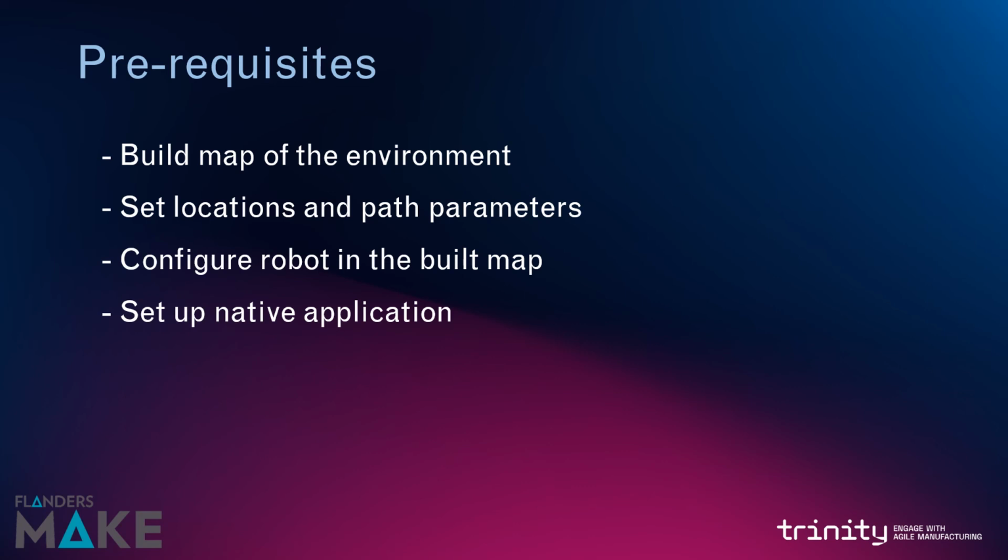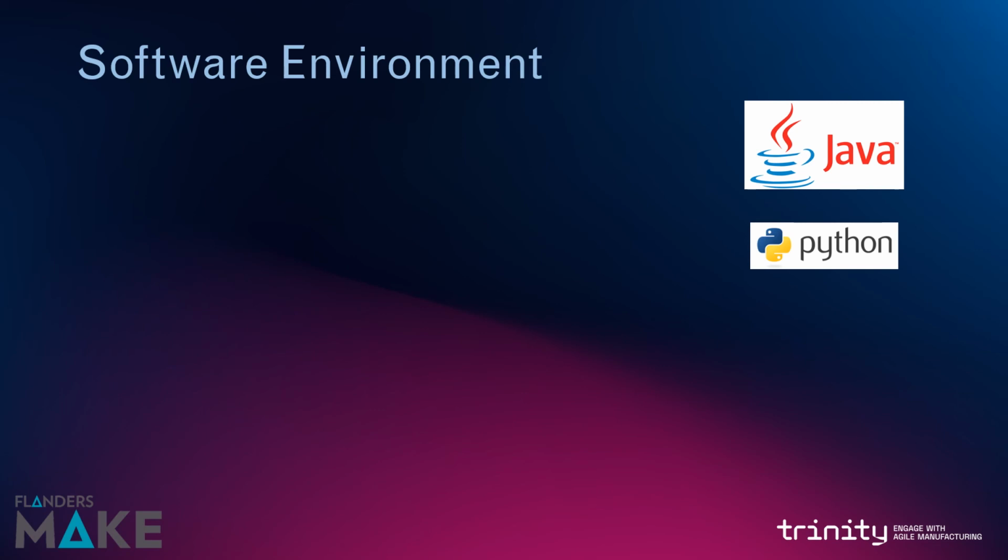Locations of interest should be defined and virtual tracks should be made for allowing the platform to move exclusively along defined routes. These parameters are then used by the external control interface for commanding the robot. Native application of the Trinity module should be installed as the device driver in the robot controller.